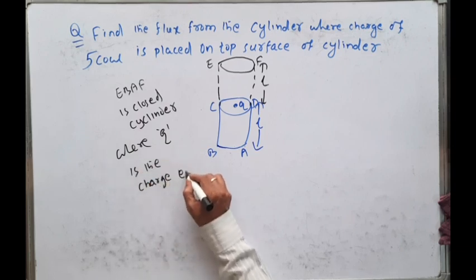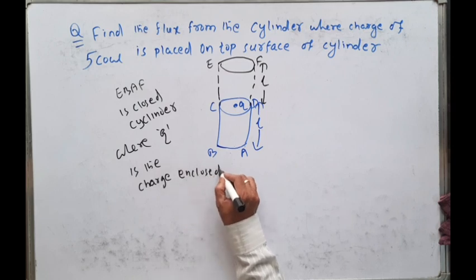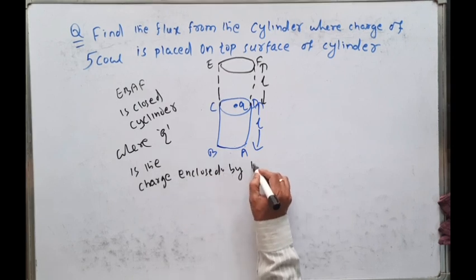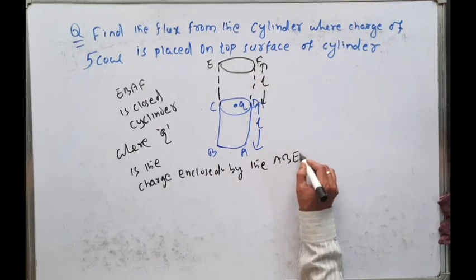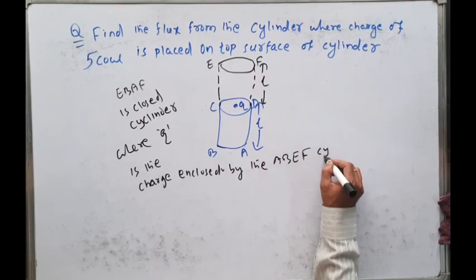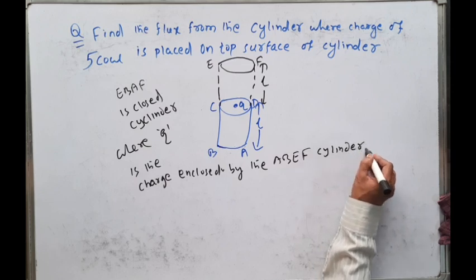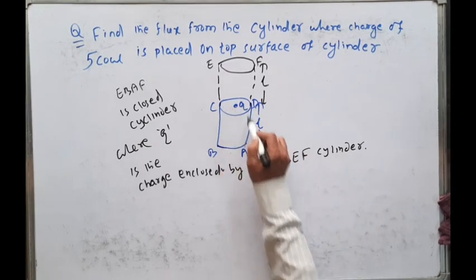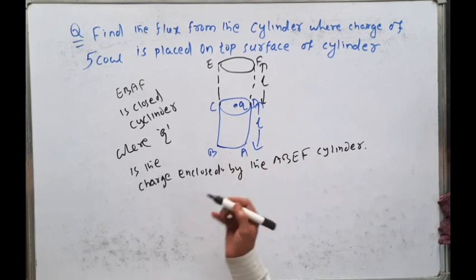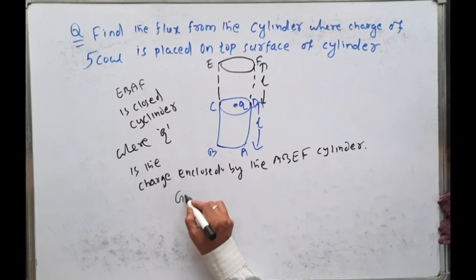Q is the charge enclosed by the whole cylinder, that is the ABEF cylinder. We have to find the flux due to this ABCD cylinder. Now see, we will apply Gauss law. So what is Gauss law?